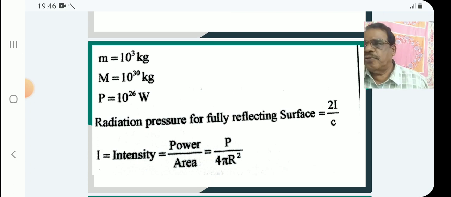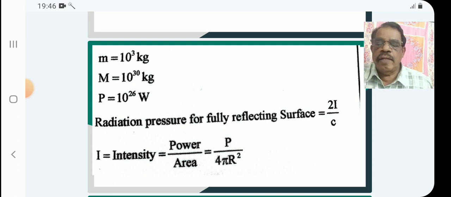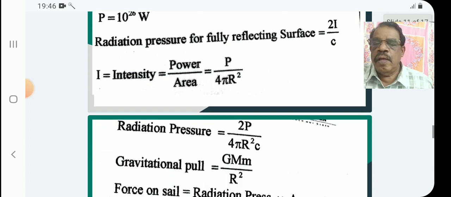The inside area of a spherical surface is 4 pi r square, where r is radius.